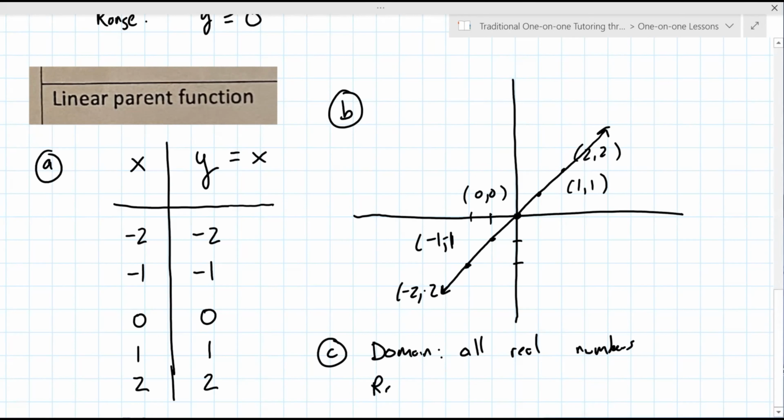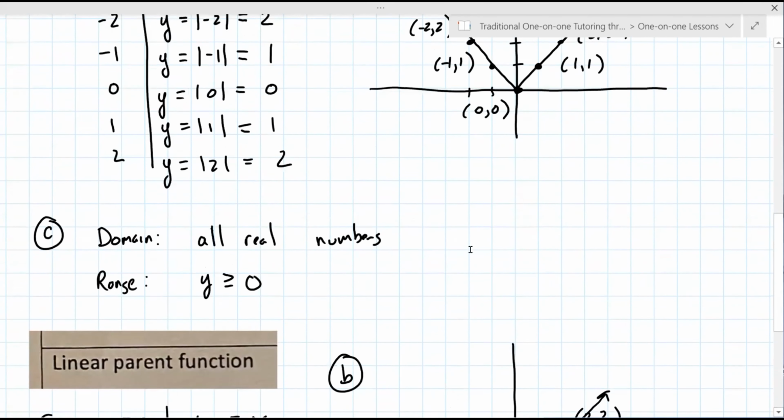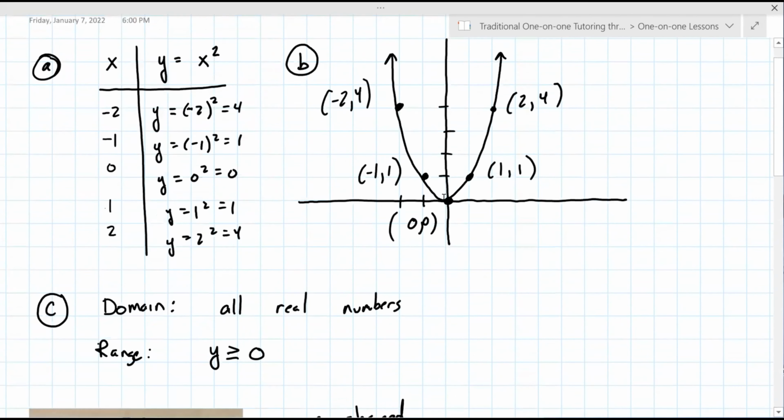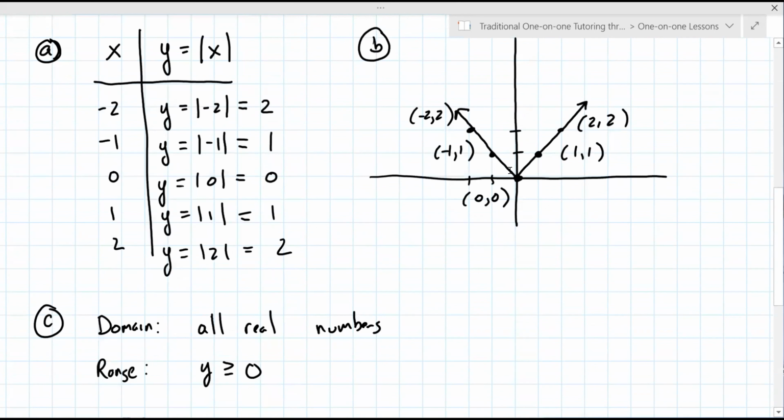Now for the range. Notice, let me go back to the previous ones because I want you to see this. Do you see how the smallest value here is 0 on this one? Do you see where I'm pointing with the mouse? Yeah. And it's 0 and it goes up. Same with here. See how this is 0 and it goes up? That's what this means, y greater than or equal to 0.